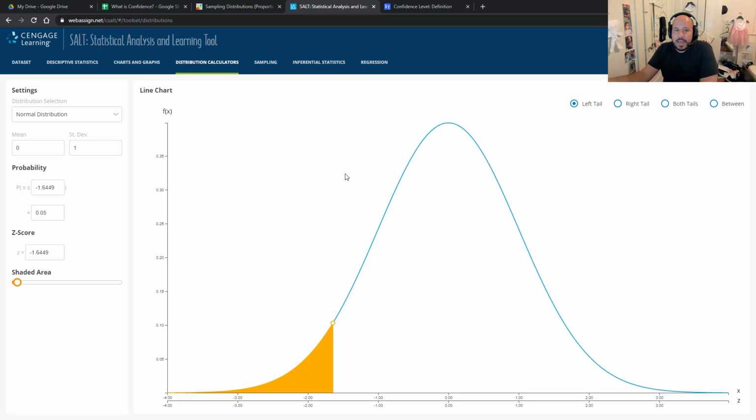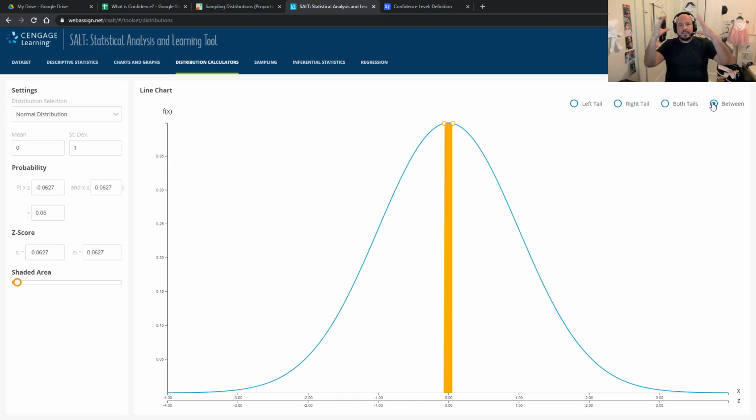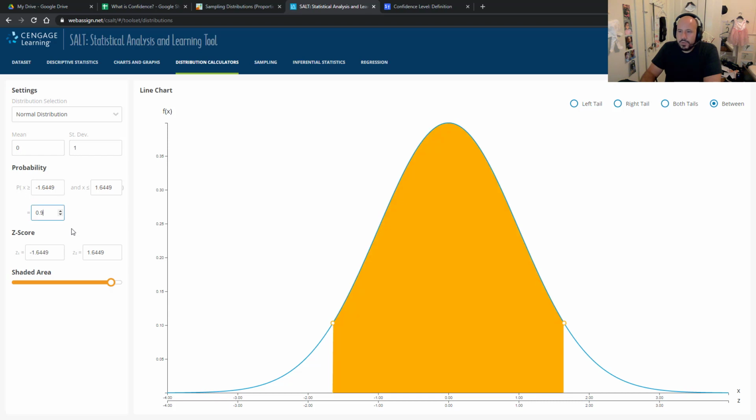Now how am I going to get the critical value? Since I'm talking about trapping things in the middle, those values that are close to the center, I'm going to select between. Then I'm going to change the probability, not these two values here, but this output value. And instead of 5%, I'm going to put in the confidence level.